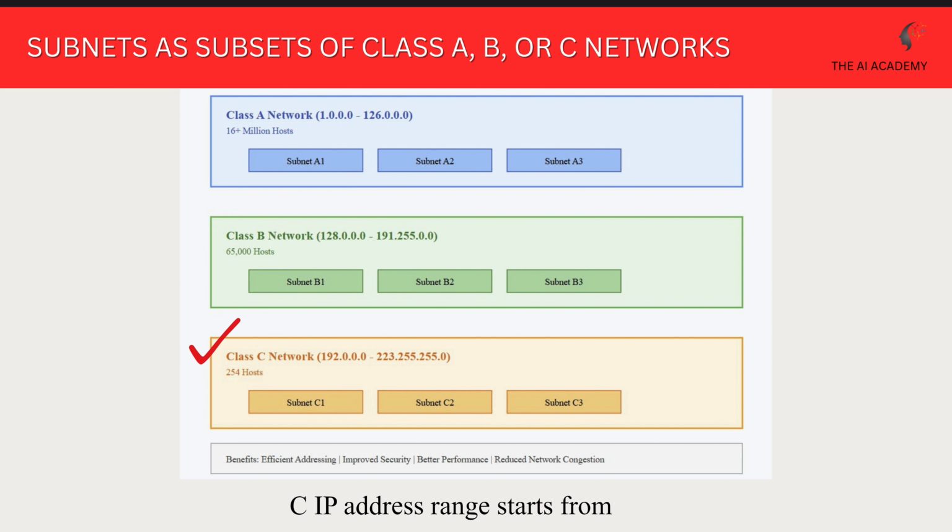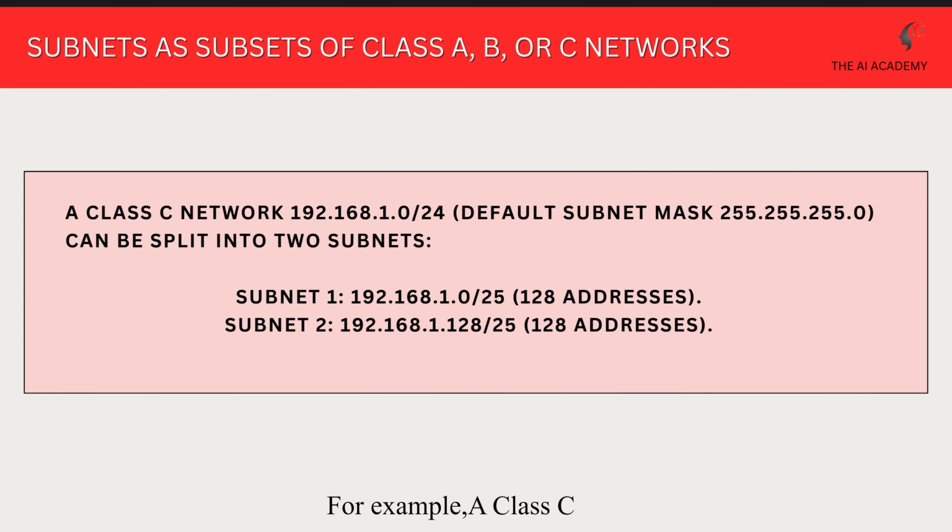And the Class C IP address range starts from 192.0.0.0 to 223.255.255.0. By default it supports 254 hosts, but subnetting can create even smaller segments for specific use cases. For example, a Class C network 192.168.1.0/24, default subnet mask 255.255.255.0, can be split into two subnets.